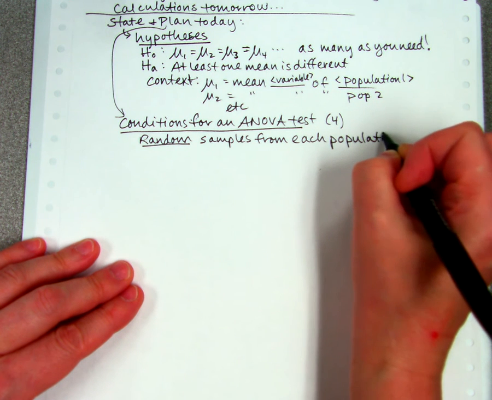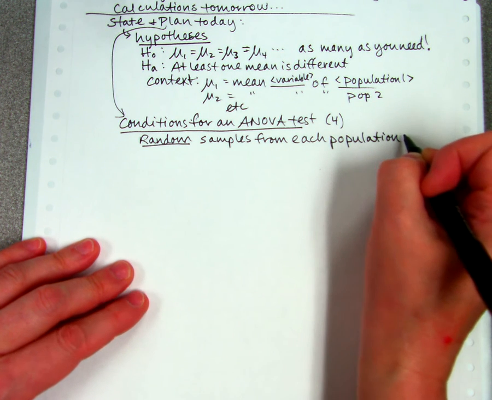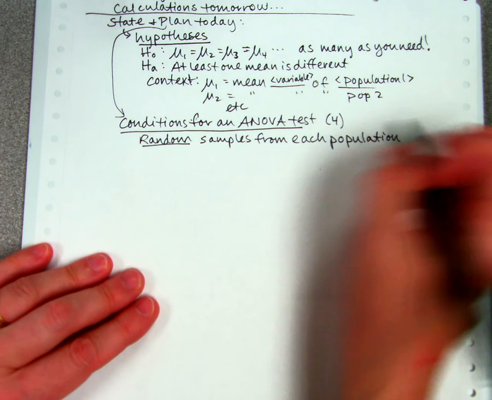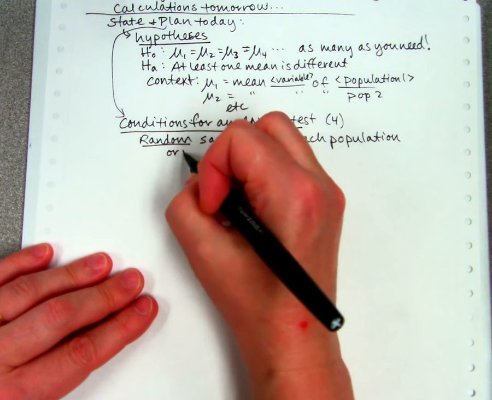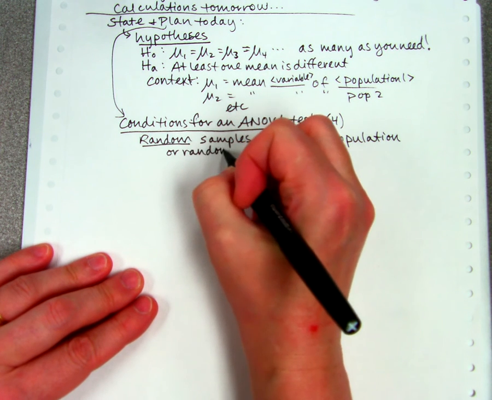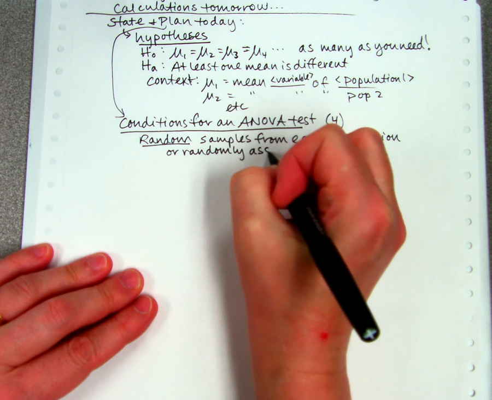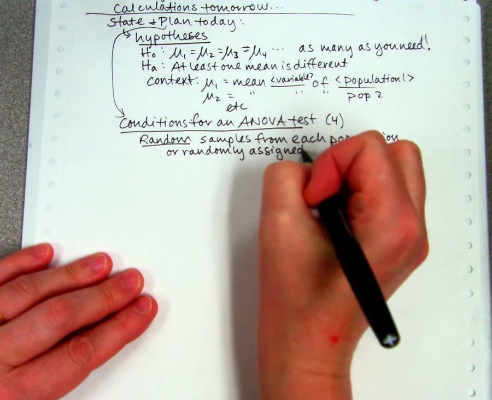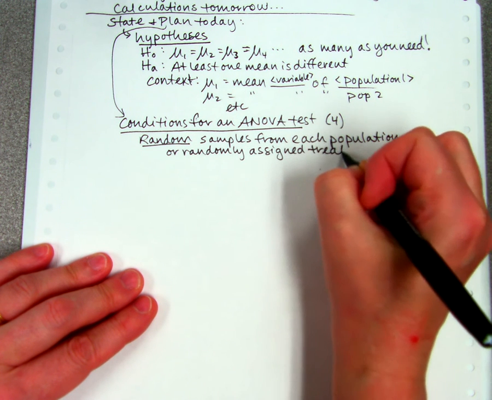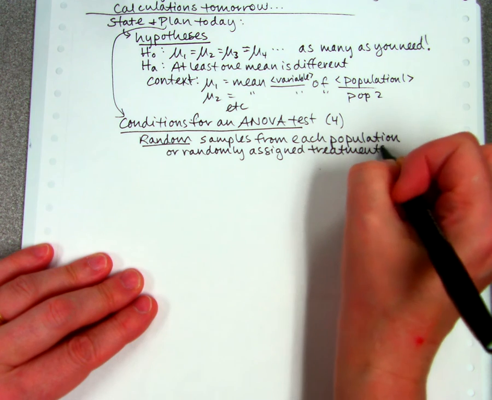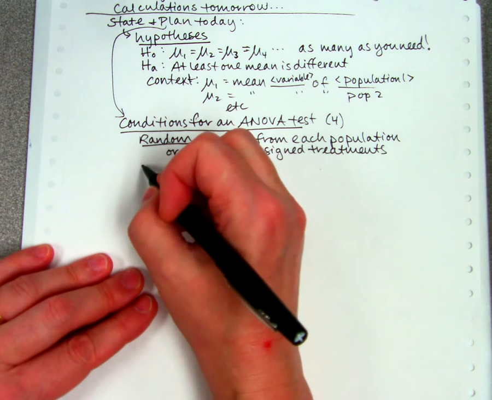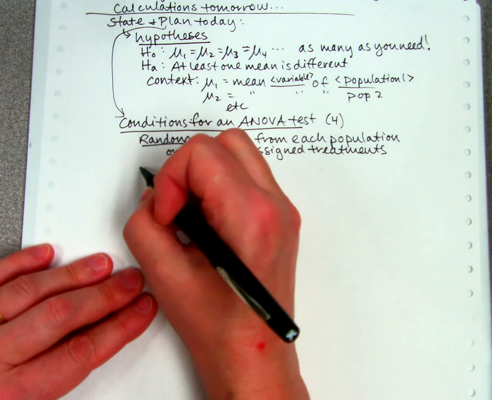It would be the same as a difference of 2 means. Same result. Samples from each population, or you have randomly assigned treatment. In an experiment, that happens a lot. You probably could guess the second one. It's normal.